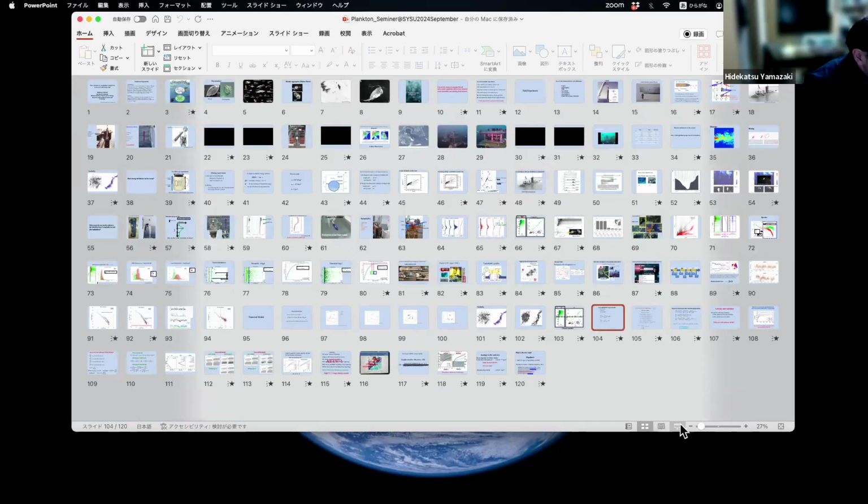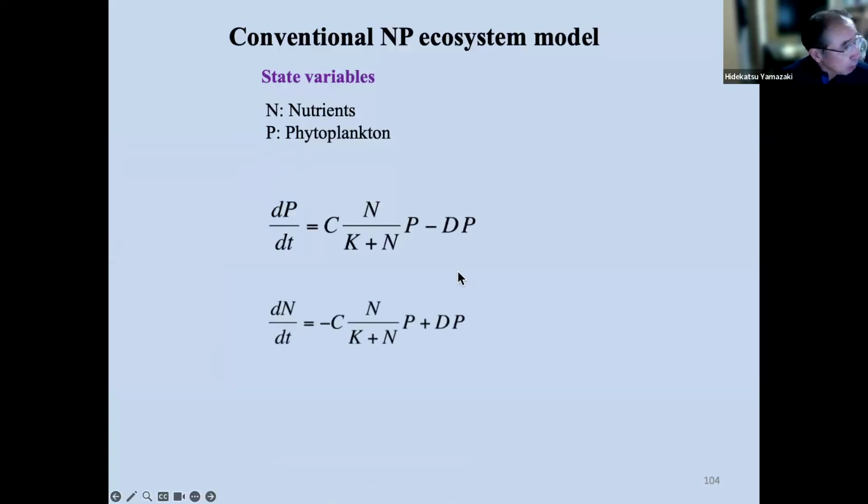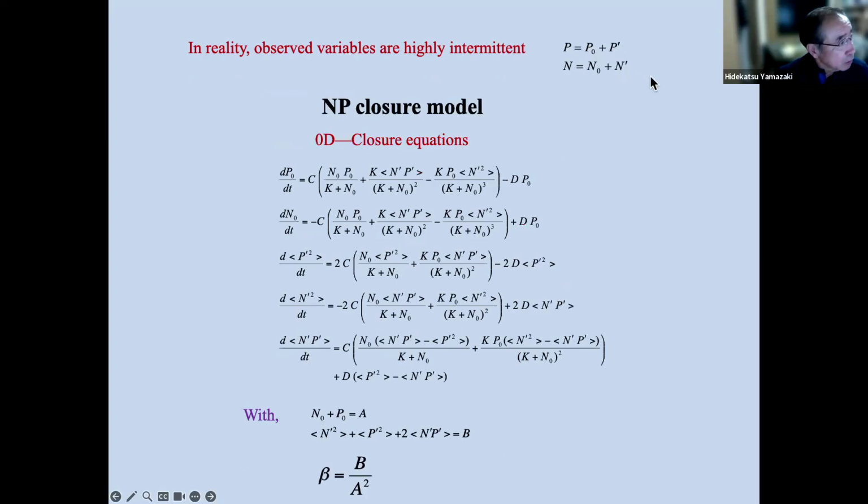Okay. We started from this simplest NP ecosystem model. In turbulence study, basically, we separated P and N into mean and fluctuating components. You come up with a mean equation and a variance and covariance equation.